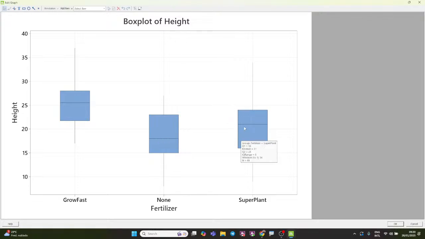I can also see that super plant apparently varies more than known and also grow fast.